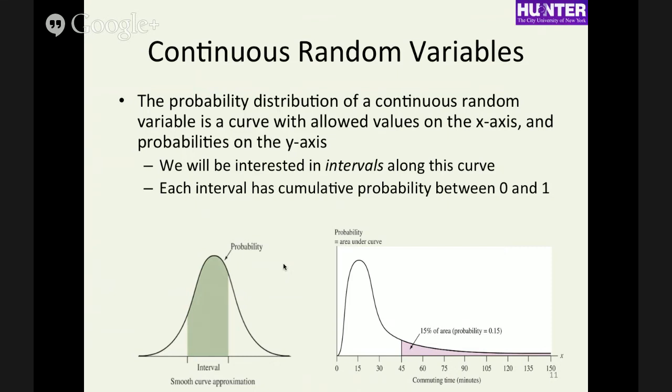And one thing to remember about these is that the total cumulative probability has to be 1. Because if you look at all possible values along this x-axis, you're getting an exhaustive coverage of the values that random variable can take, and the sum of the probabilities, if they're of exhaustive events, is 1.